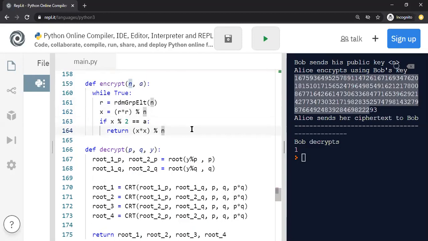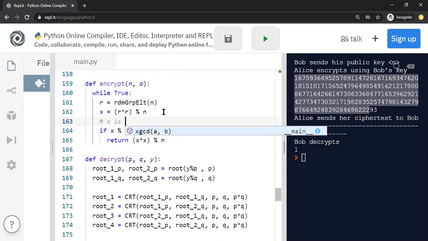So X, remember, X itself is a quadratic residue because X is made of R square. Okay, so X is a quadratic residue, no doubt about it. X is a quadratic residue, and X has an additional property. It has to match the bit that Alice wants to send. Okay, if Alice wants to send 0, the least significant bit of X better be 0. If it is 1, it should be 1.